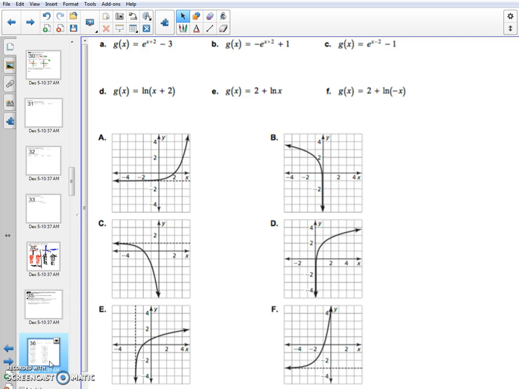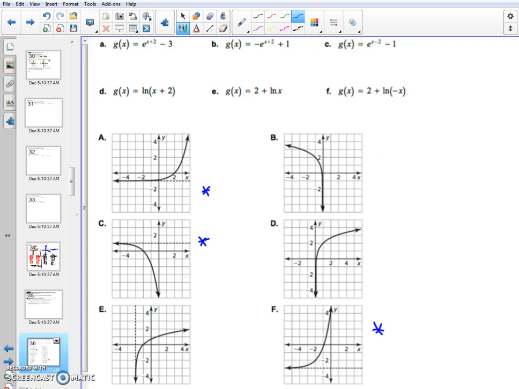All right, let's see how you did. The first thing I notice when I'm trying to graph these is those first 3 functions are all exponential. And when something is exponential, I know that it has a horizontal asymptote. So I know this one and this one have to go with those first 3 functions.